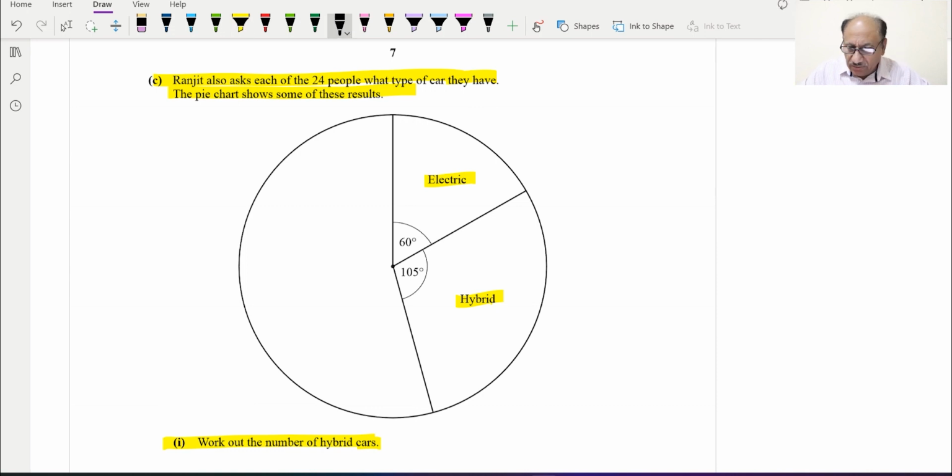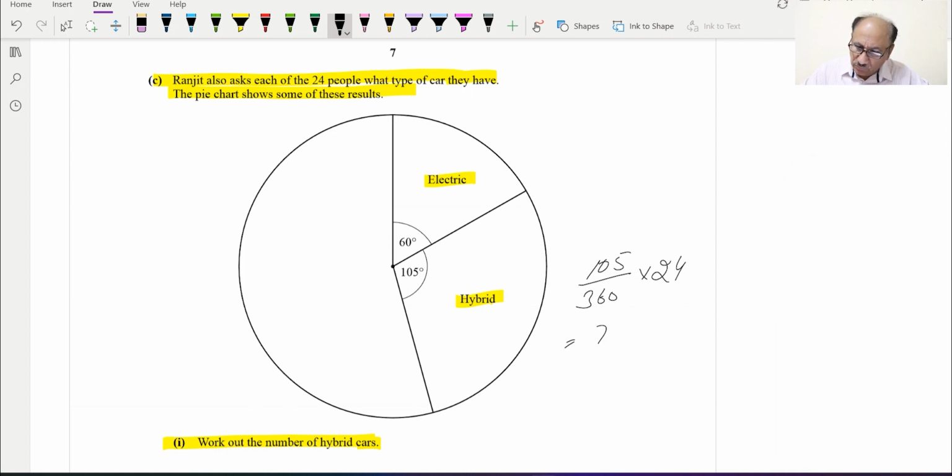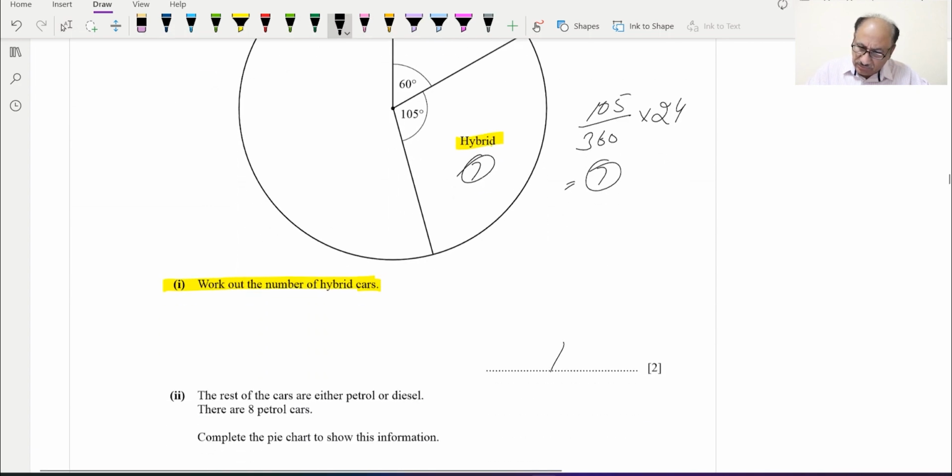So we can divide 105 by 360 and then multiply by 24. So 105 divided by 360 times 24 is equal to 7. So there will be 7 hybrid cars. We can write here 7, and this will be for 2 marks.